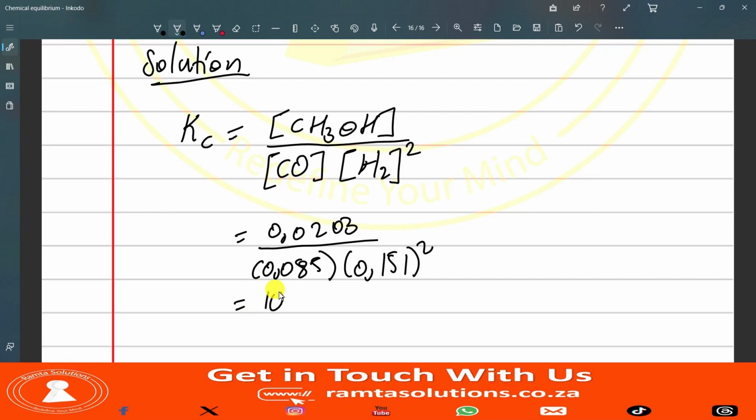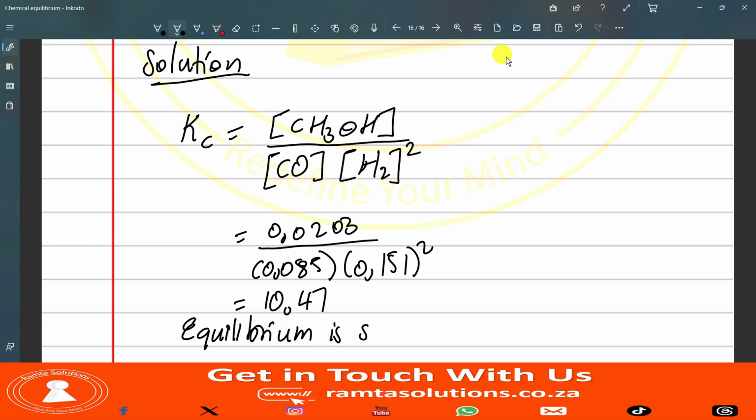What do we get? Correct to 2 decimal places, we are getting 10.47. So what is happening here with regard to the equilibrium position? You can see that it is shifting to the right, because Kc is greater than 1.